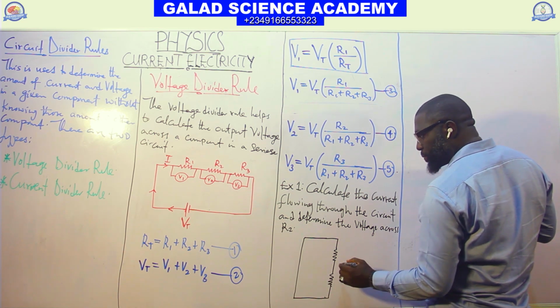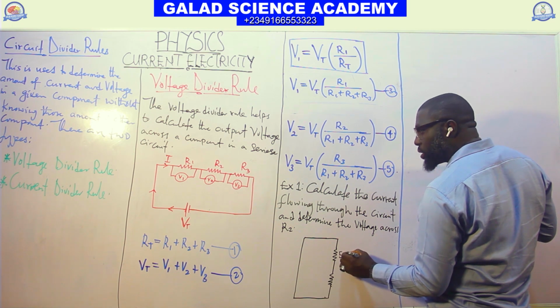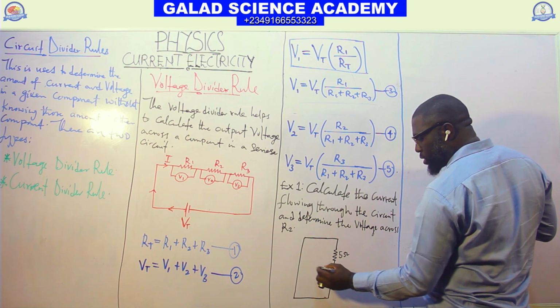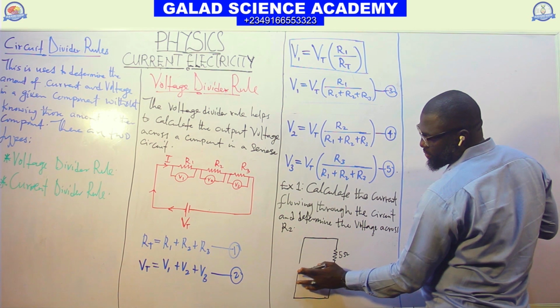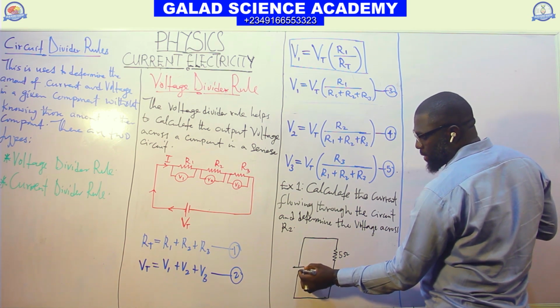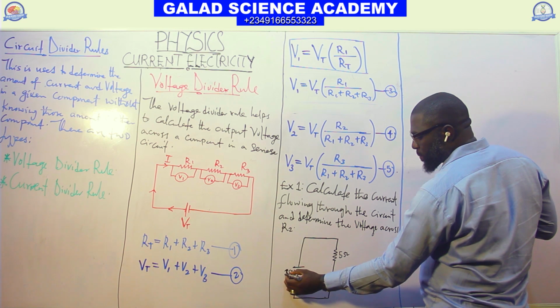In this circuit, we have 5 ohms, 10 ohms, and a cell of 30 volts.